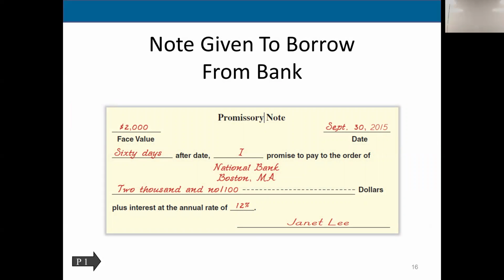Now we're going to the bank and we're signing a promissory note. Remember, promissory note's gonna look very similar to the check. Upper left corner, the face value of the note, upper right corner, the date.